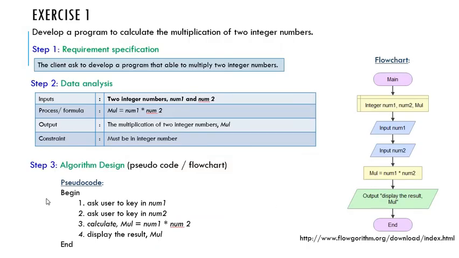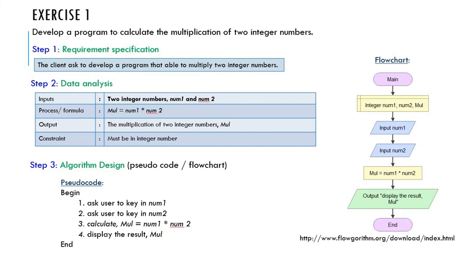So this is the flowchart for exercise 1. I use Flowgorithm. You can download the software through this website, and you can draw the flowchart using Flowgorithm software.